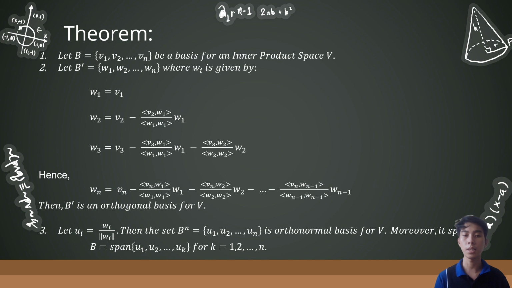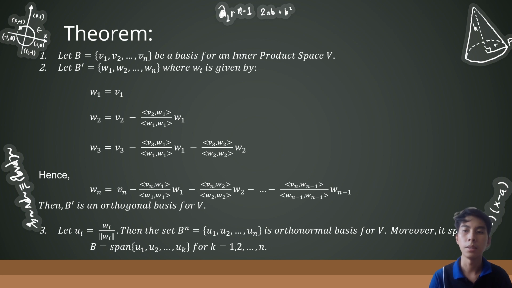So w sub n is equal to v sub n minus the inner product of v sub n and w sub 1 all over the inner product of w sub 1 and w sub 1, multiplied by w sub 1, subtracted by the inner product of v sub n and w sub 2 all over the inner product of w sub 2 and w sub 2, multiplied by w sub 2, and so on until the last term, which is subtracted by the inner product of v sub n and w sub n minus 1 all over the inner product of w sub n minus 1 and w sub n minus 1, multiplied by w sub n minus 1.